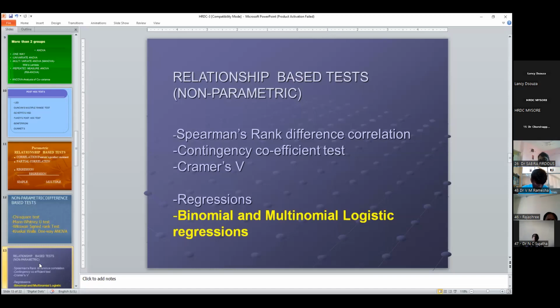Remember, it is basically how much the row data is dependent on the column data and, vice versa, how much the column data is dependent on the row data. This is where you use the contingency coefficient test.